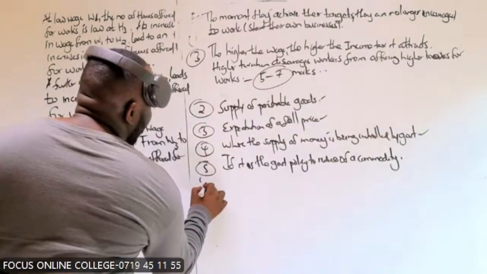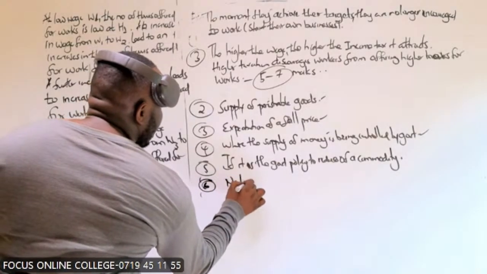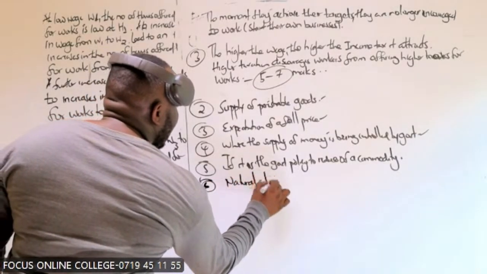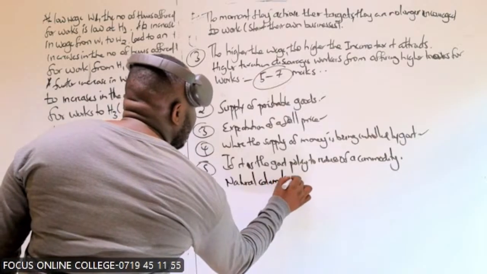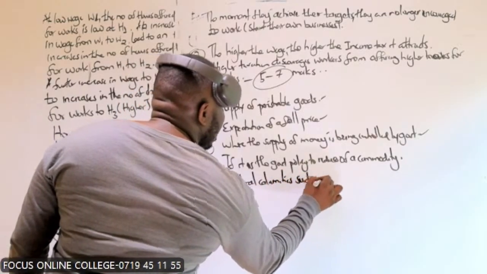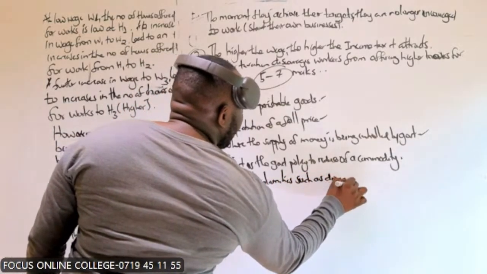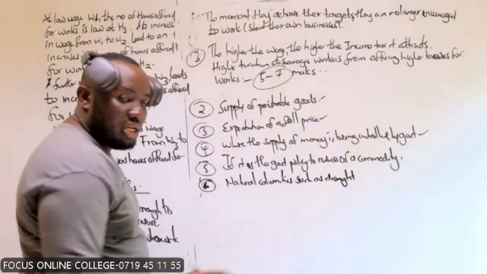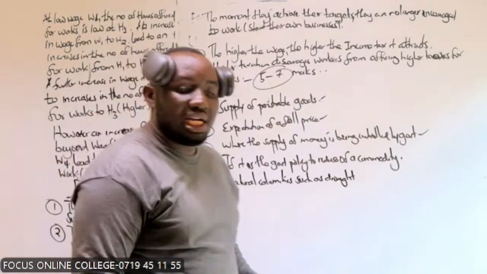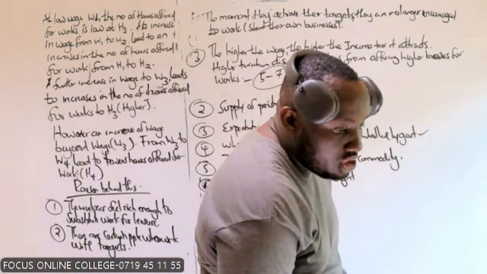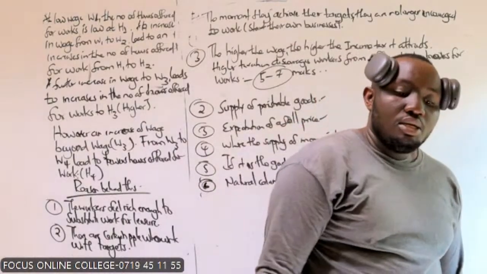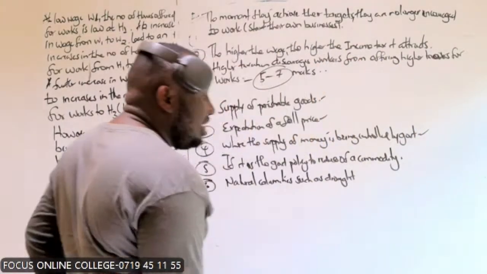We have it as natural calamities, calamities such as drought. Have you ever noticed something about drought? When there's drought, there are no products, but it's very expensive.